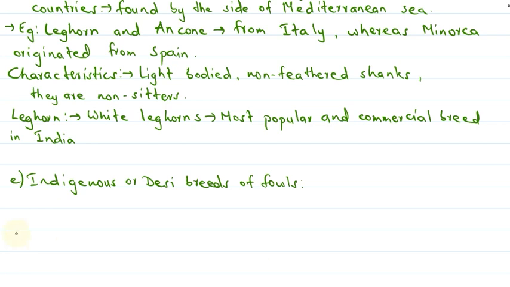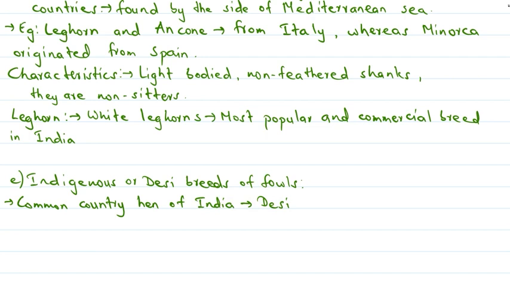So what is desi? The common country hen of India, known as desi, which is the best mother for hatching.